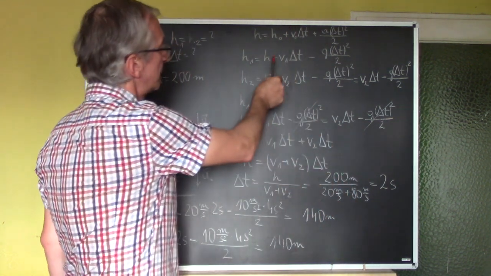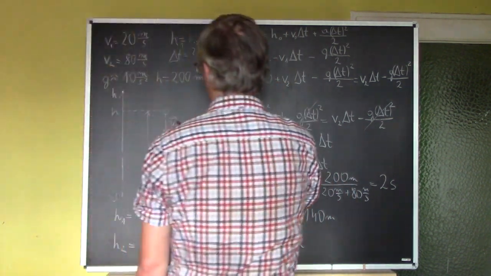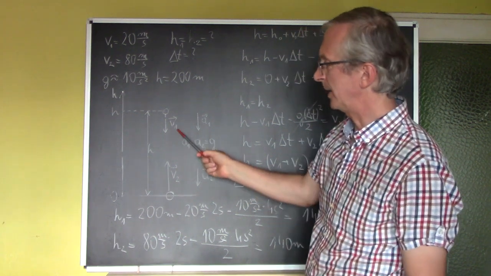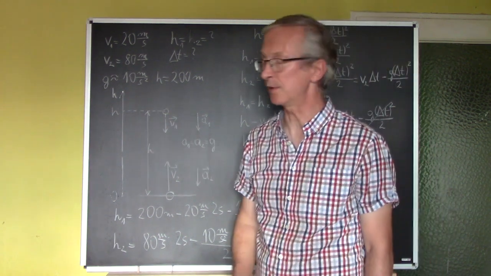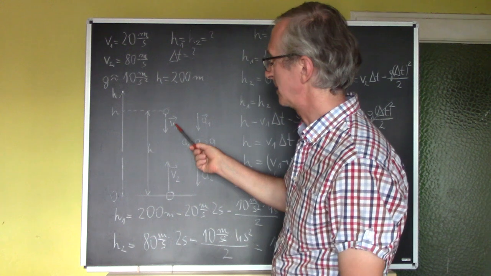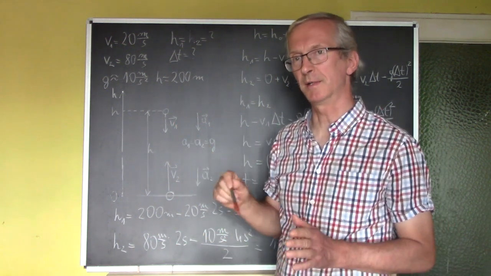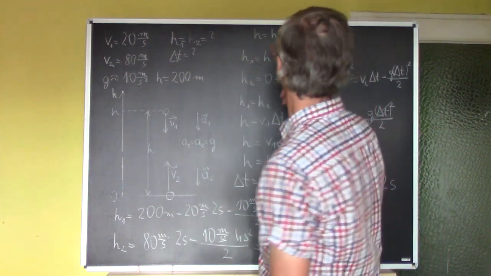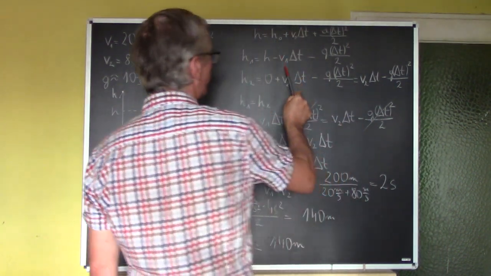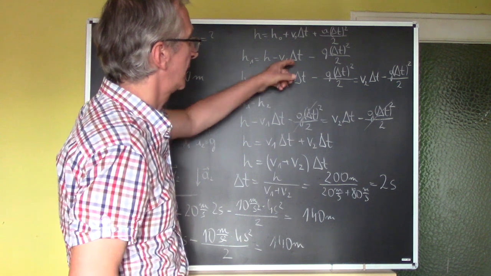Next, here is minus because velocity vector v1 is opposite to the axis h, so its coordinate is equal to minus the magnitude of this vector, minus v1 times delta t.